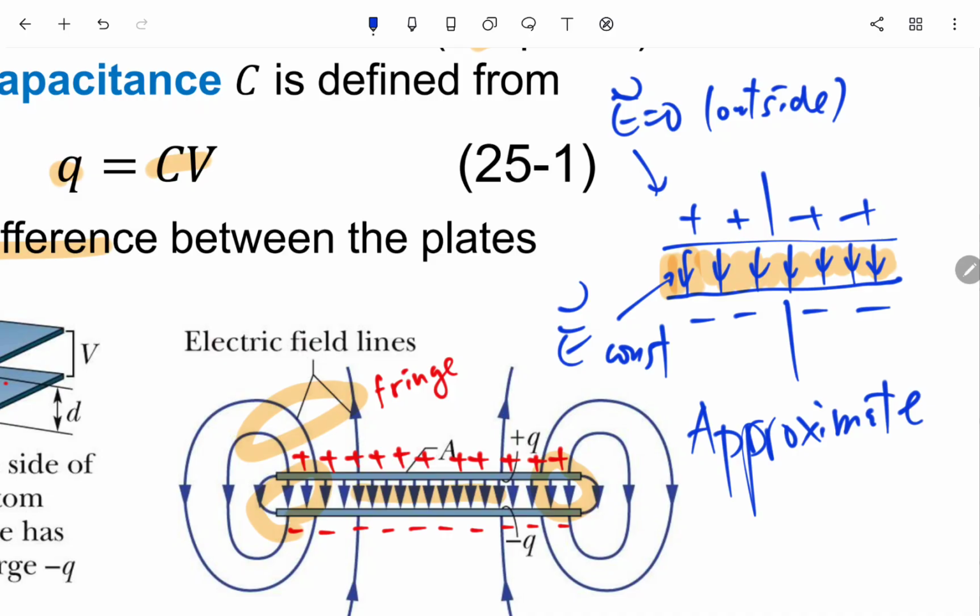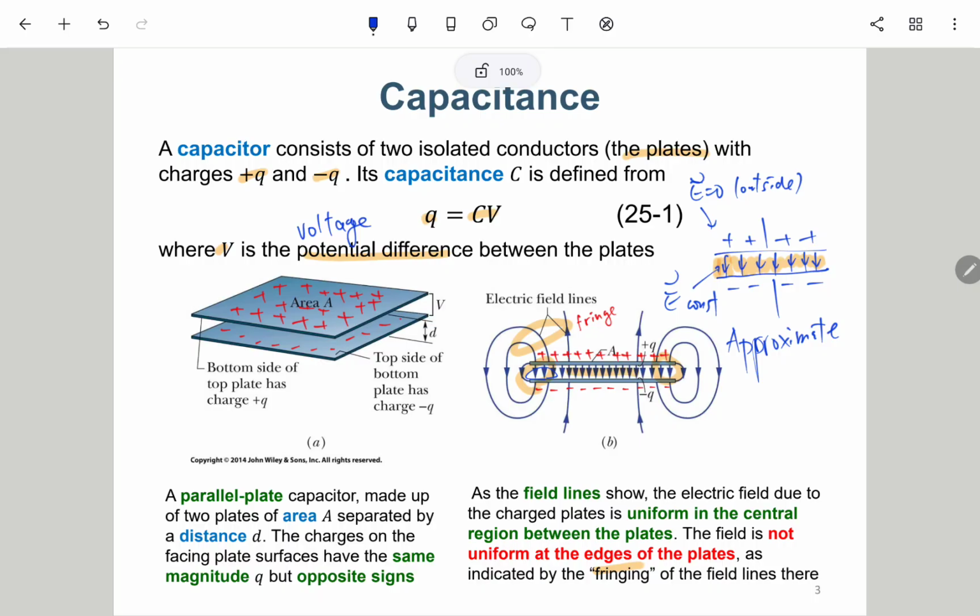We will make this approximation. Otherwise, we need to care about how weak the field is at the edge, and then we would need to integrate a non-constant function, which makes things much more difficult. But if we integrate a constant, it's just like a multiplication. So this is what we like.